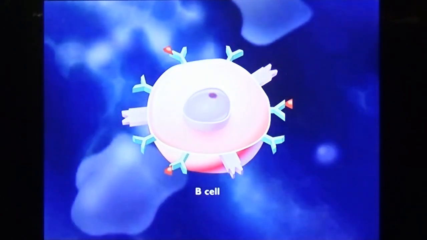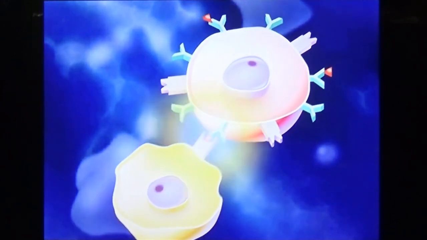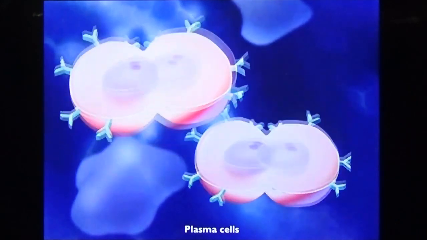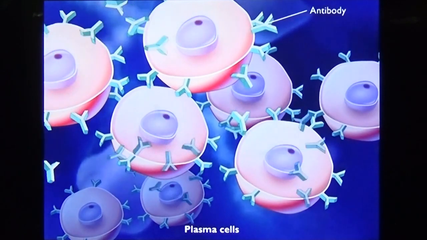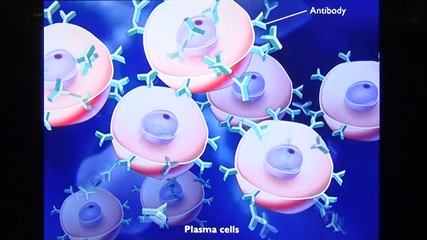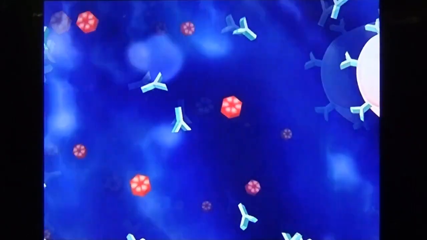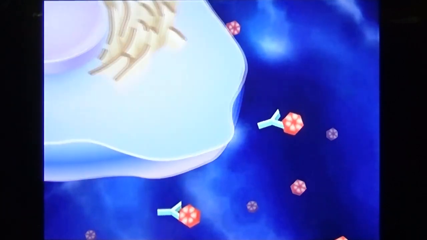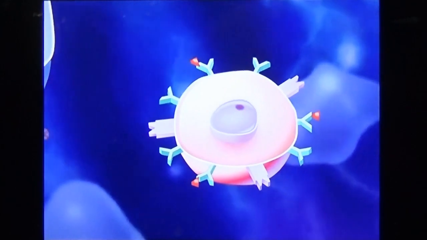Now, B cells also do the same. They become active by the helper T cell, and they differentiate into plasma cells. There is a flooding of plasma cells into the bloodstream, and these combine with the antigen and start killing them through the process of macrophage.